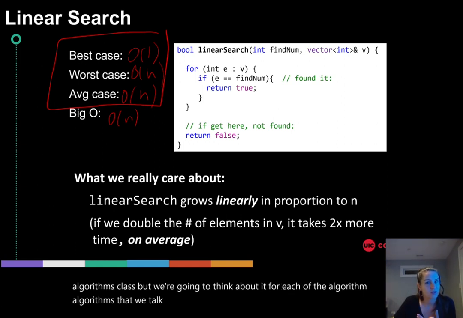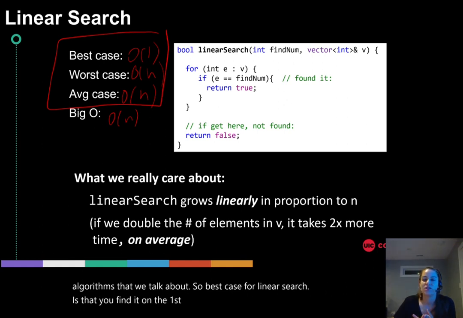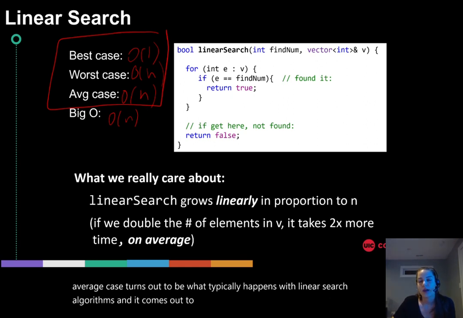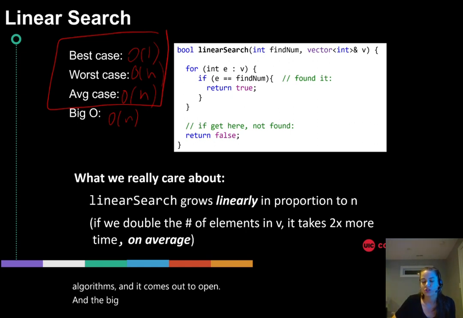So best case for linear search is that you find it on the first try. Worst case is that you find it on the last try. And average case turns out to be what typically happens with linear search, and it comes out to O(n). The big O is O(n) for linear search.